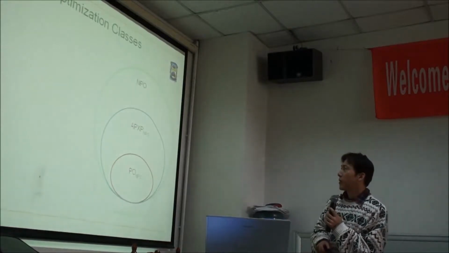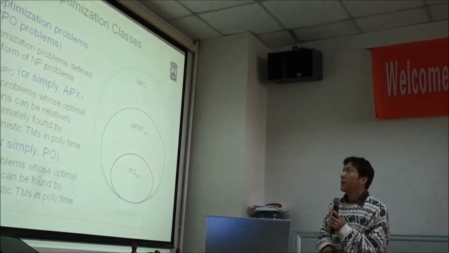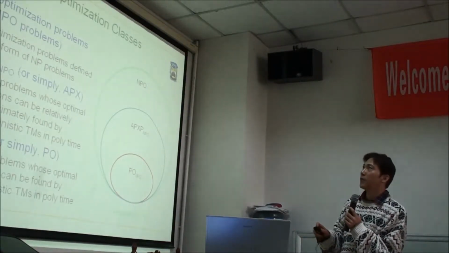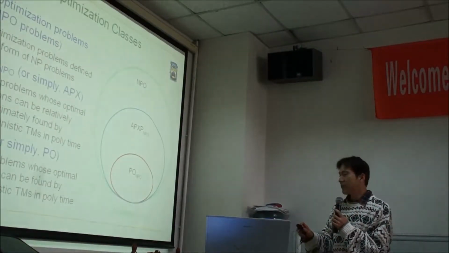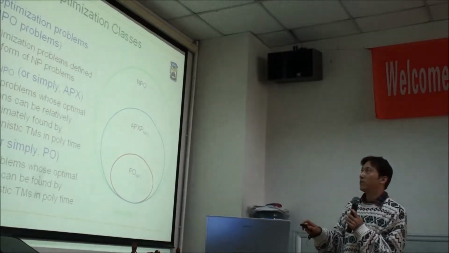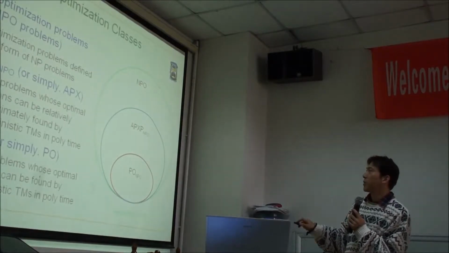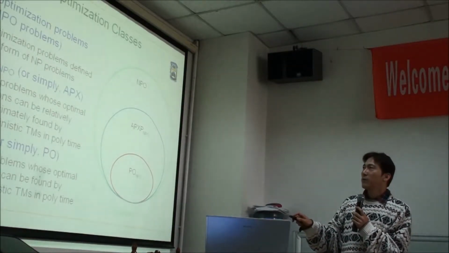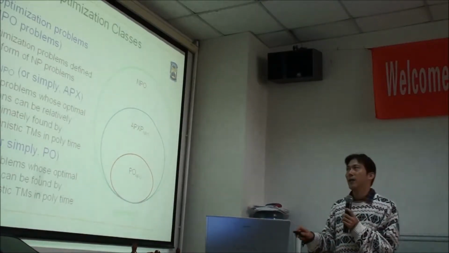So we'll just take a look at the very general framework here. We have three major categories for the polynomial time optimization problems. The first one is the so-called NPO, the NP optimization problems. We have a very simple picture here. Among those problems, we consider the polynomial time approximable problems.